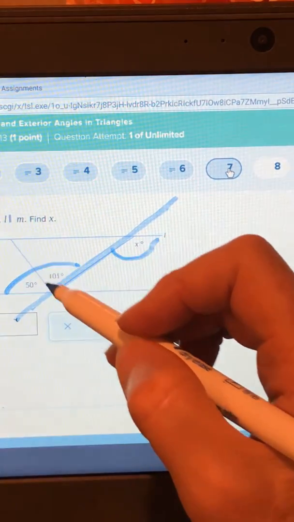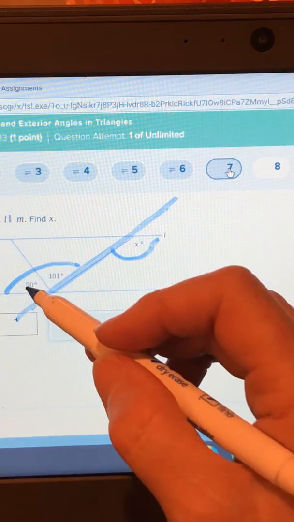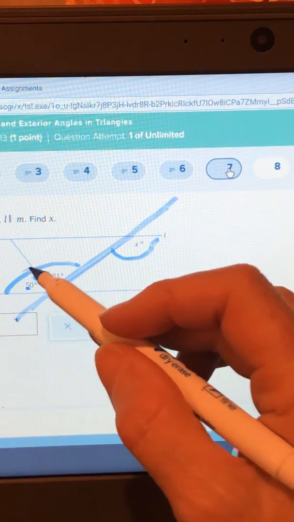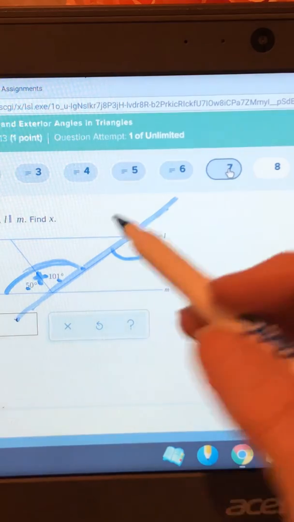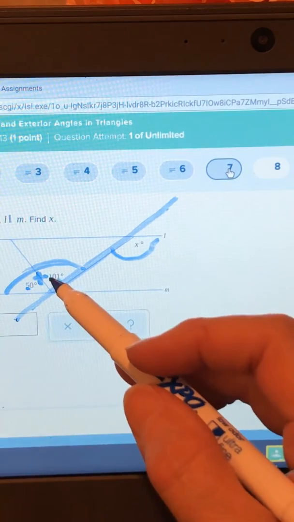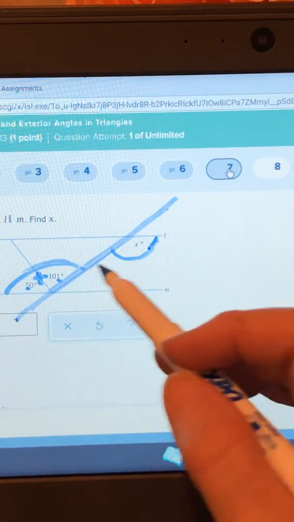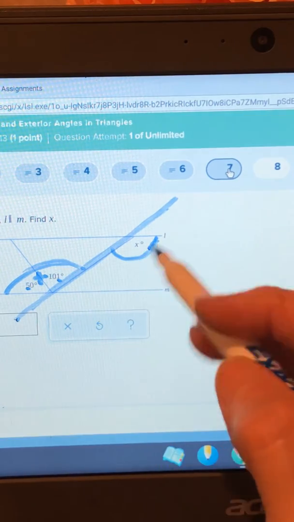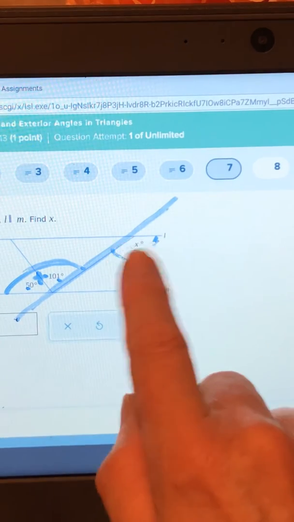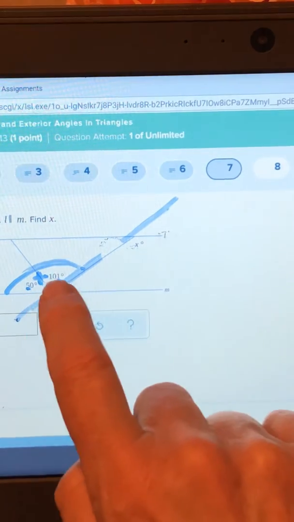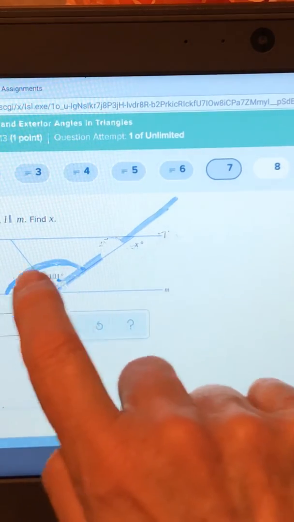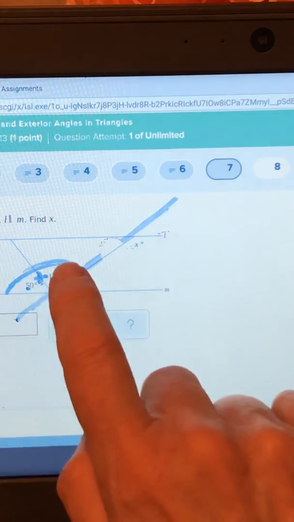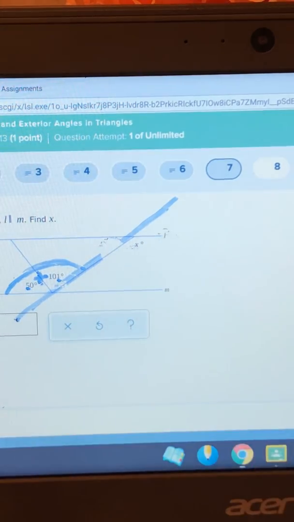Pretend this line isn't there, but this plus this equals the entire angle. When we figure out what that is, it's congruent to this angle because those are called alternate interior angles. So 101 plus 50 is 151. You add these 2 together because this entire angle, if this is a transversal, and that angle are congruent. So 151.